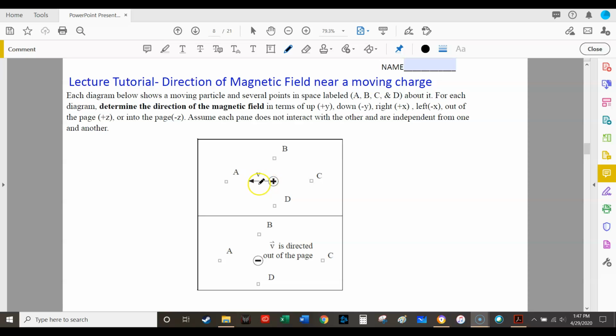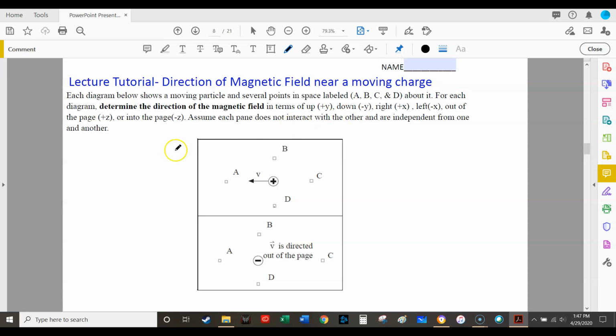You have a positive charge moving to the right, and I want you to apply the right-hand rule and try to figure out the direction of the magnetic field at each one of these points, A, D, C, and B. You're going to want to classify them as up, or positive Y, down is negative Y, to the right is positive X, to the left is negative X.